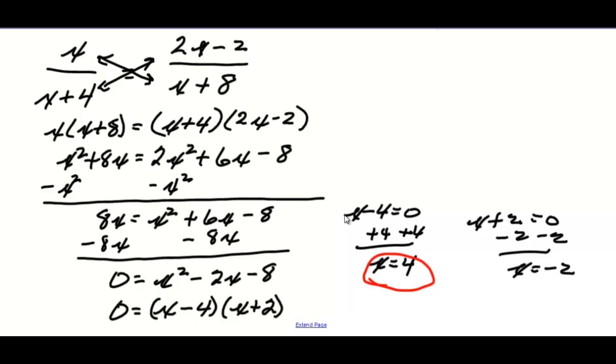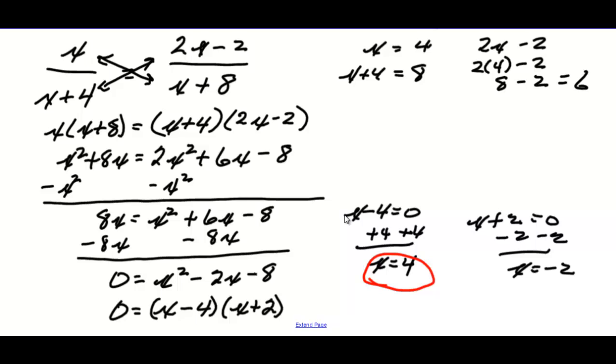Now, what you want to do is take a look at the sides that you have here. In the first triangle on the left, that was just x, so that's now going to be 4. And then the other side is x plus 4, so that equals 8. In the larger triangle, you had 2x minus 2, which is 2 times 4 minus 2. 8 minus 2 equals 6.